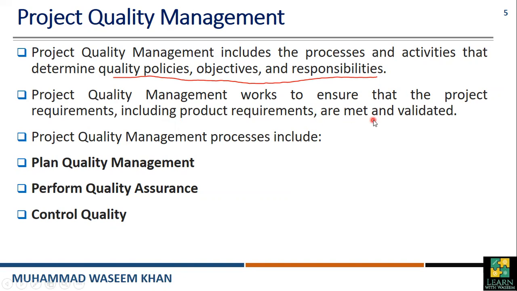So in this knowledge area, we need to ensure that the project requirements and the product or service requirements are all met and validated. Therefore, we have three basic processes: plan quality management, perform quality assurance, and perform quality control.